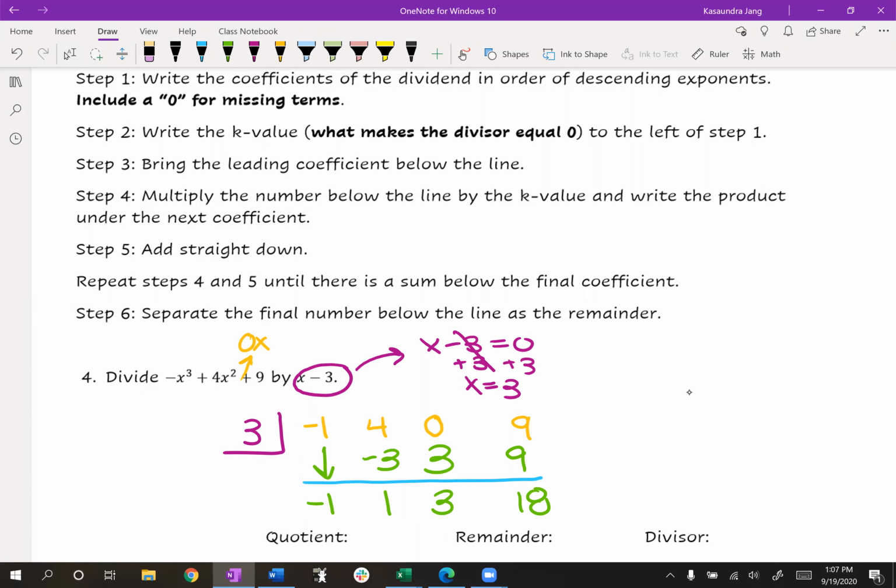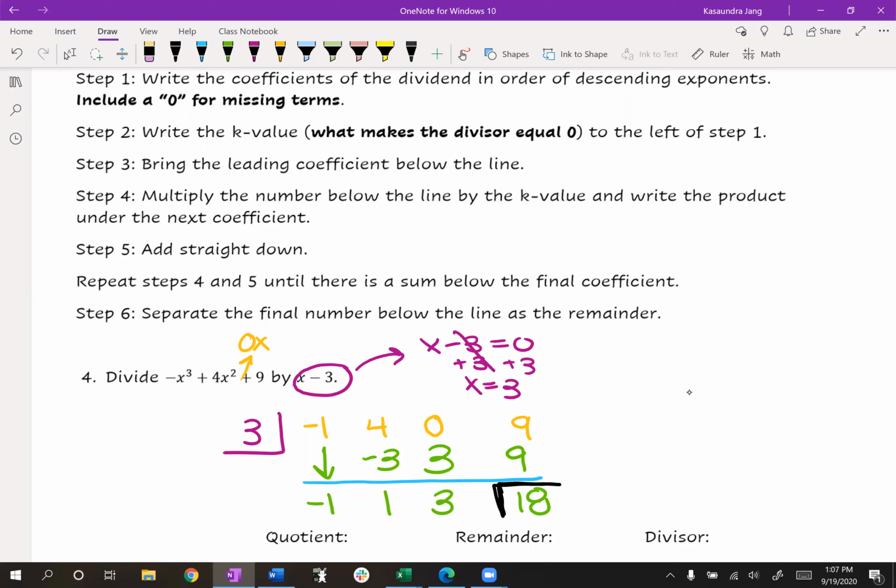Okay, so we did that over and over again, and now we're on to step 6, where you separate the final number below. So this 18, the last number there, I'm going to separate from the rest of these numbers below the line. So what does this mean? This gave us our quotient.